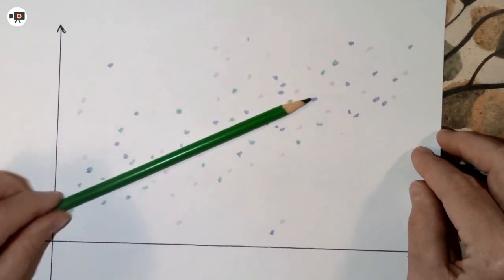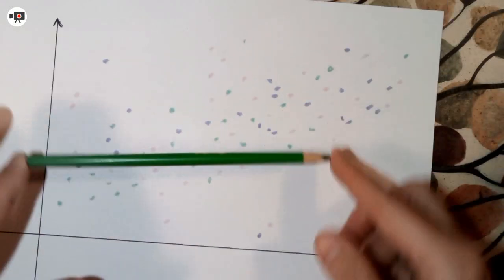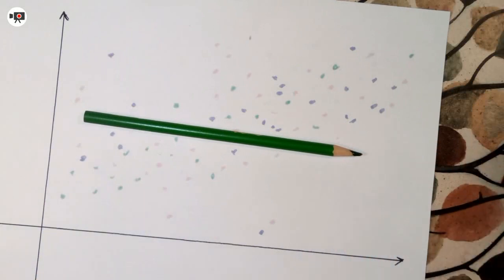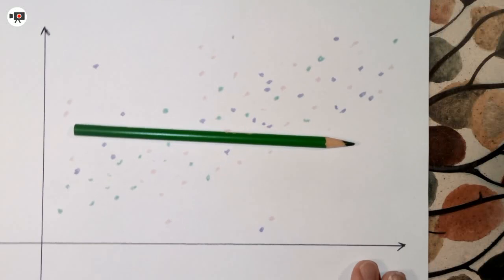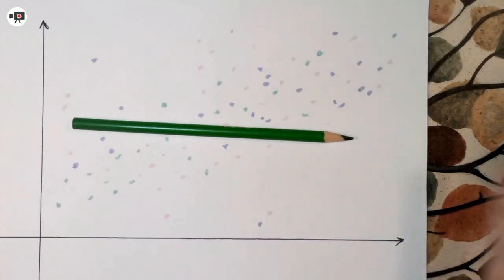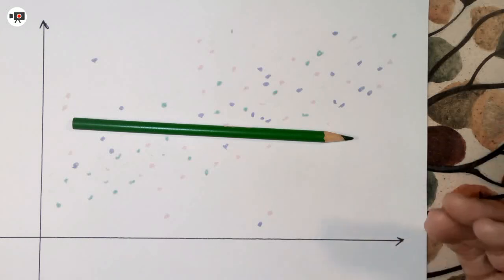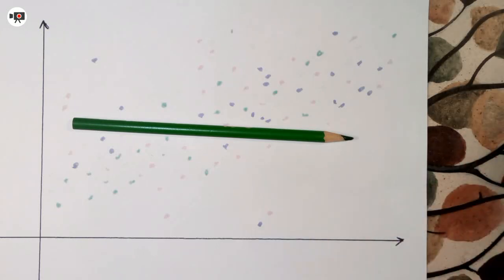Clearly, if I draw a line like that, half of it's above it and half of it is below it, but that doesn't show me that when the X value is getting bigger, the Y value is also getting bigger. So this really doesn't tell me very much. It's not untrue. It's not wrong. That is a line through the data, and about half's on the top and half's on the bottom, but it doesn't help me much. It doesn't show me a picture in my mind of how to predict what's happening.